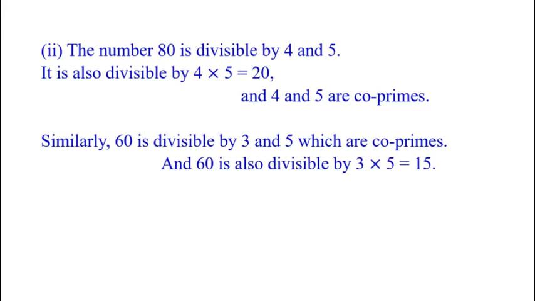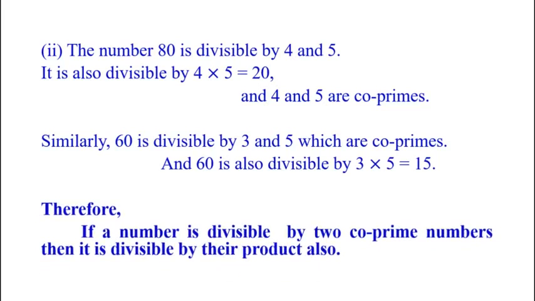Here 3 and 5 are co-prime numbers, and 60 is divisible by 3, 60 is divisible by 5, and also 60 is divisible by 3 into 5, that is 15. So what we observe from these two examples: if a number is divisible by two co-prime numbers, then it is divisible by their product also. It is true only for co-prime numbers.